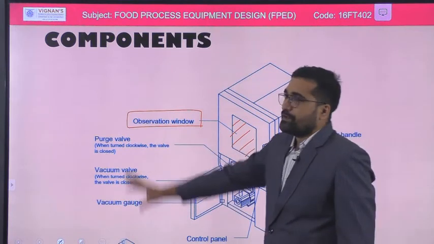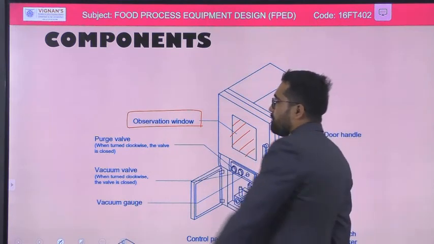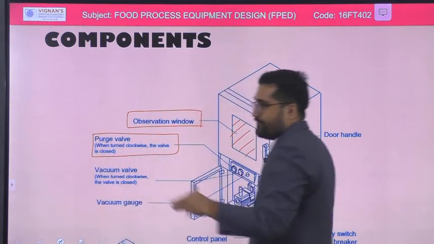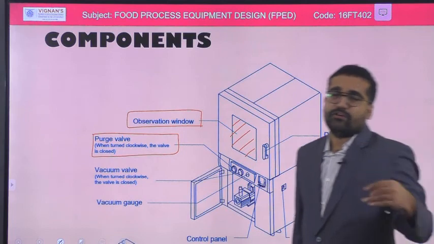There is an operation known as purge. Purging is an operation which is done before and after vacuum drying of the material.